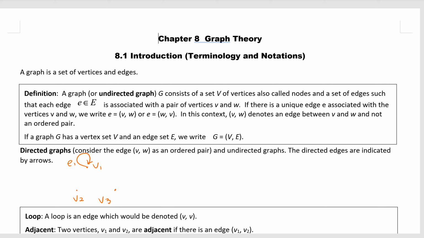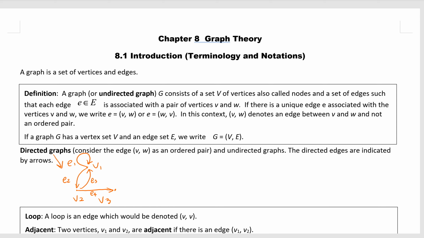E1 is an edge that goes around V1, so it forms a loop. And then we can also have E2 going from V1 to V2, E3 going from V2 to V1, and E4 going from V2 to V3. So this is a directed graph.